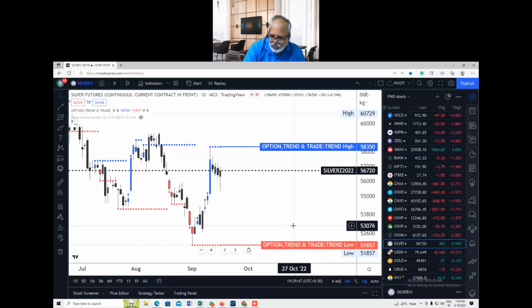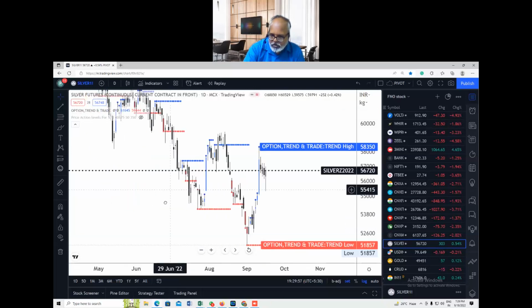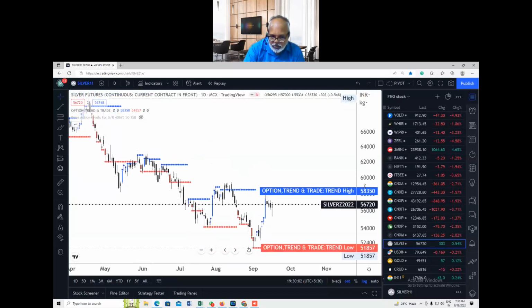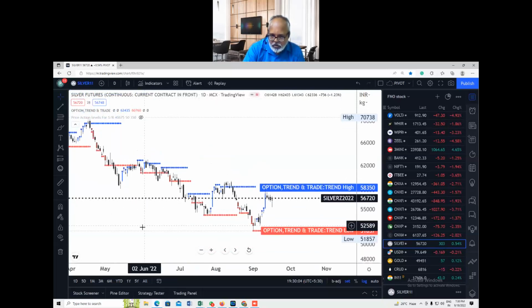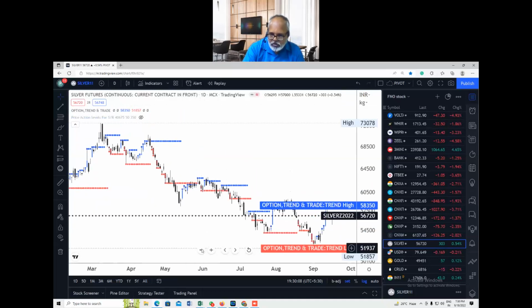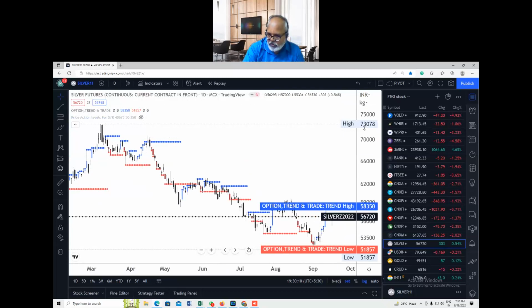The second thing that you can do is that the first lot that you buy, you don't book profit in that first lot. You wait for a substantial profit. That is depending upon the client's risk taking capacity. And if you see in the overall period, you can see that it has gone up to 73 levels.